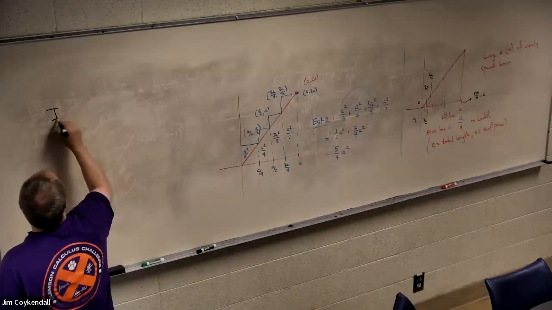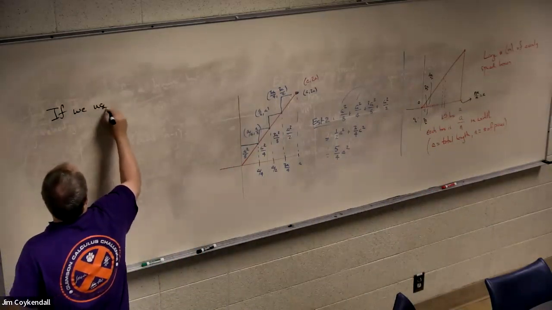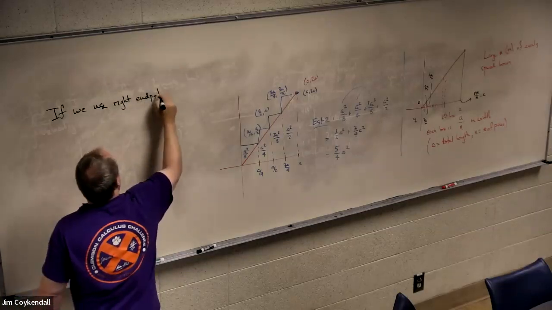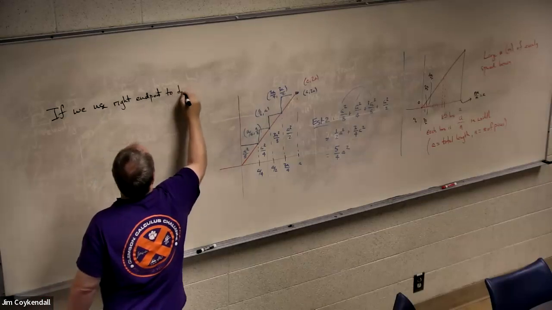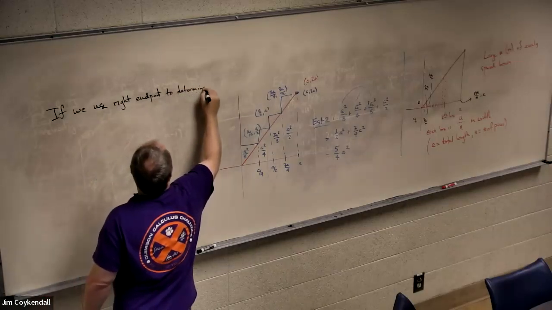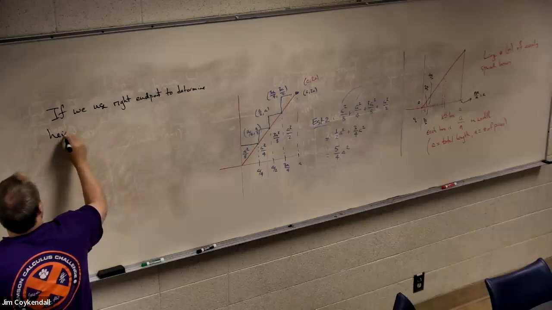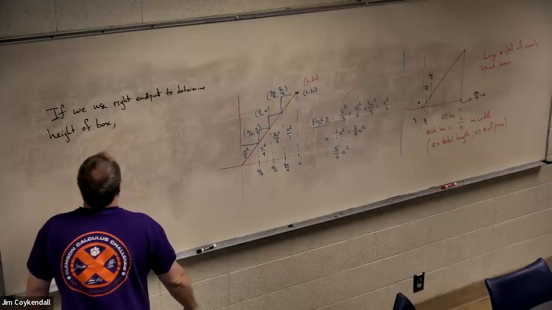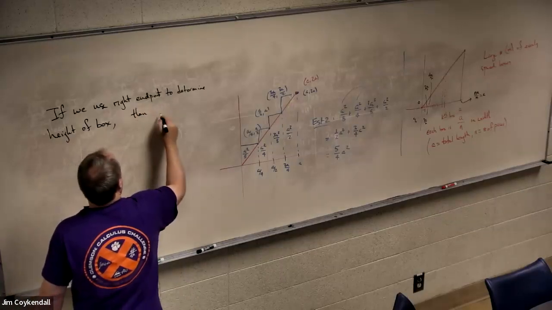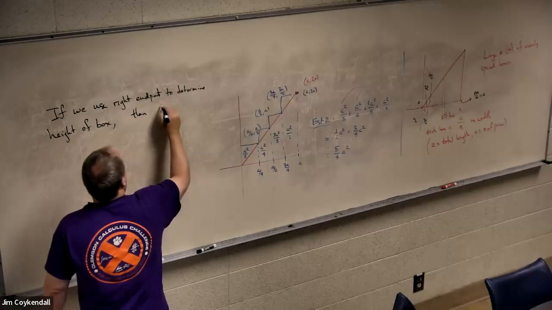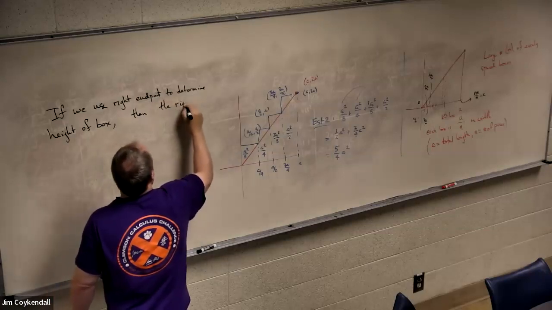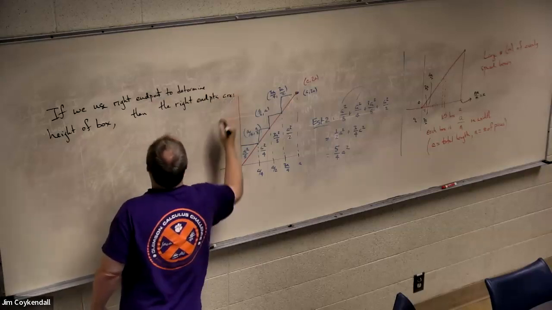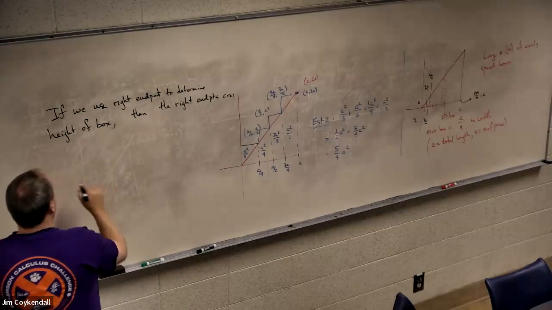So if we use the right endpoint to determine the height of the box, then the right endpoints are, let's list them, shall we?